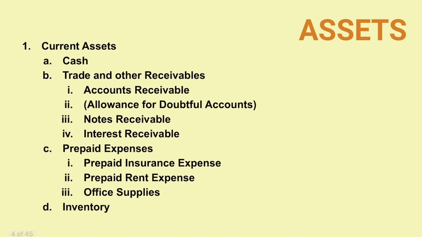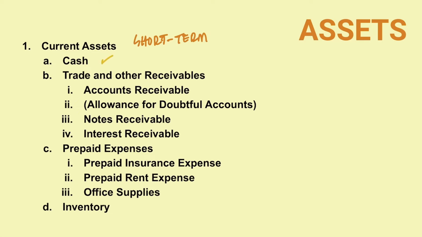So current assets are assets that are readily and easily available or liquid within a period of 1 year or shorter. So current assets are short term. We have here an example under current assets. We have cash by the name itself.